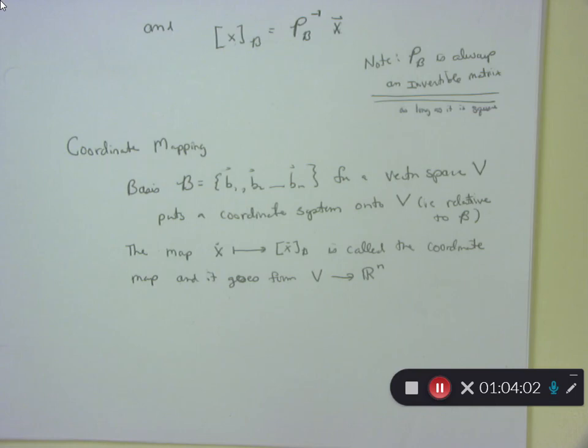The point is to rewrite a vector relative to a basis. So the vector is going to, quote unquote, change to a coordinate vector, and it's hiding what the vector really is. So you've got to know what the basis is, and you need to know what the coordinates are, so you can get back to what the original vector was.